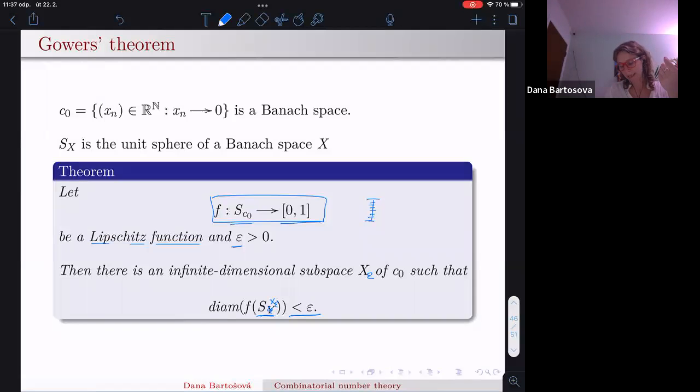And what he gets now with this discretization is a statement that actually resembles Hindman's theorem, but it's a multi-dimensional version of Hindman's theorem. So it's very closely related.